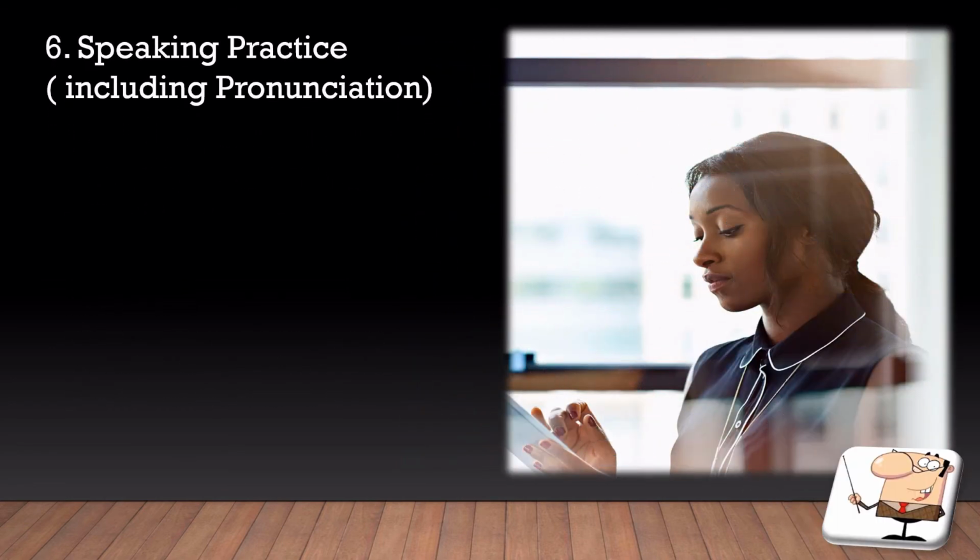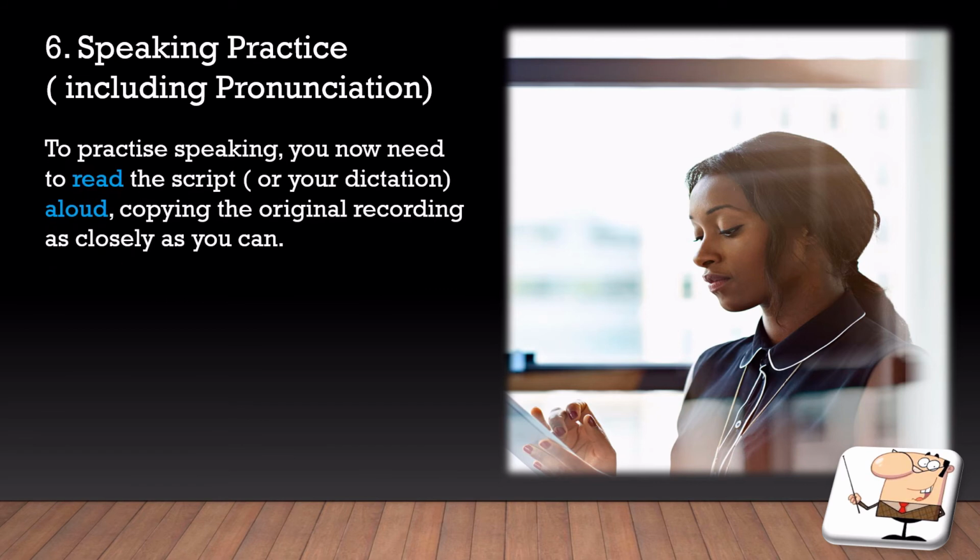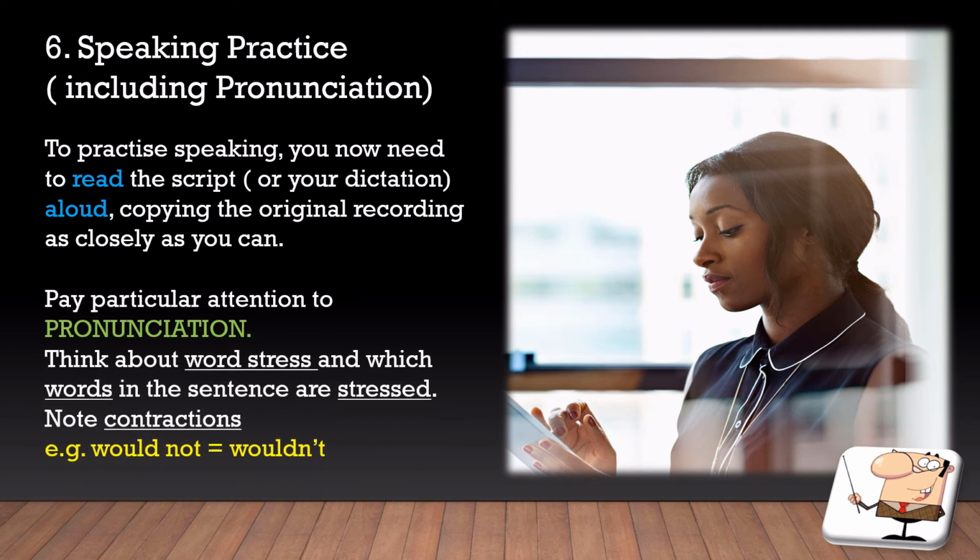And finally, stage 6, speaking practice, including pronunciation. To practice speaking, you now need to read the script or your dictation notes aloud, copying the original recording as closely as you can. And you need to pay particular attention to pronunciation.